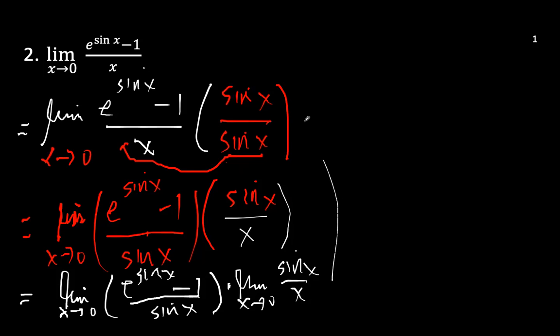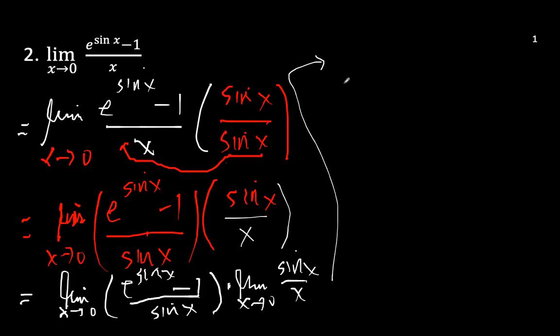Okay, so now let's take the limits of the factors. Now, what is the limit of e raised to sine x minus 1 all over sine x? The expression is similar to the theorem, right? So it means that all the conditions were met, so we can apply the theorem now.